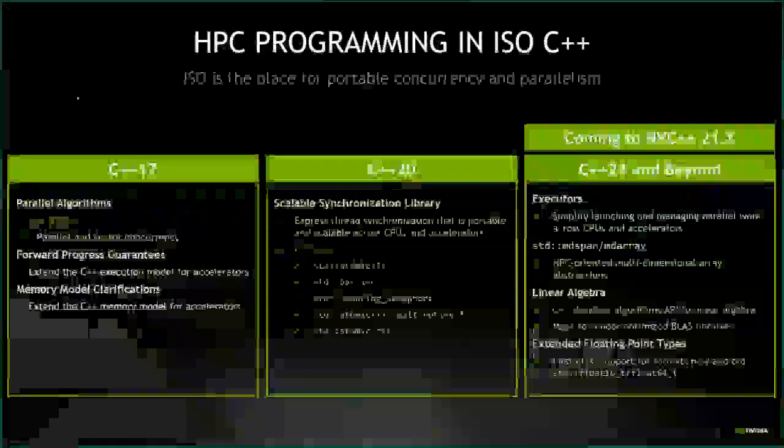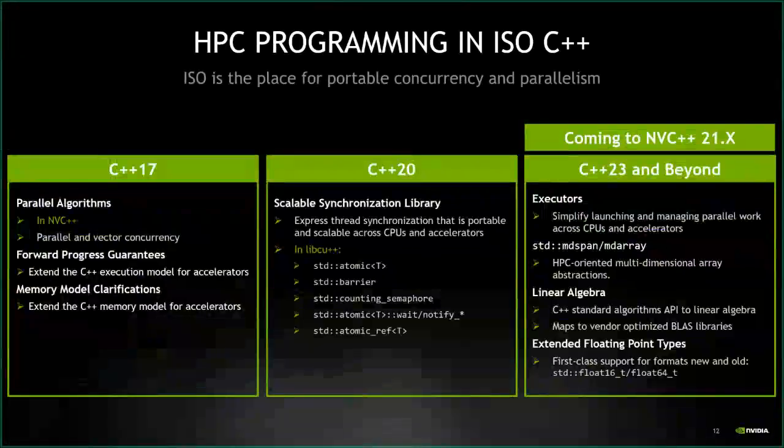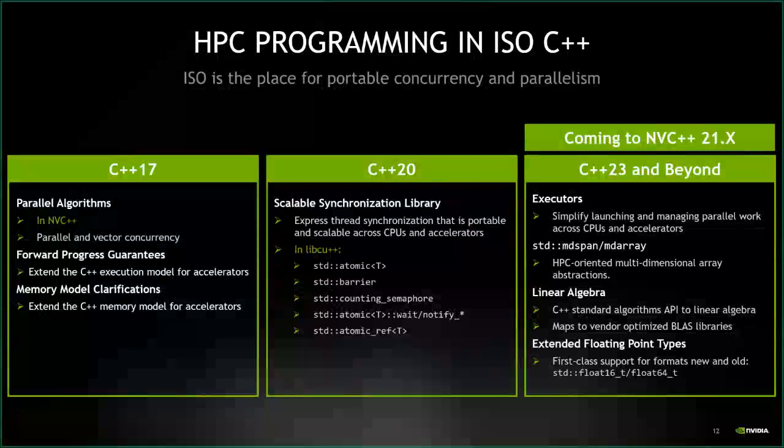So everything I've talked about so far has been from the top left of this slide here. All of the actual code that is being automatically accelerated is C++17 parallel algorithms.